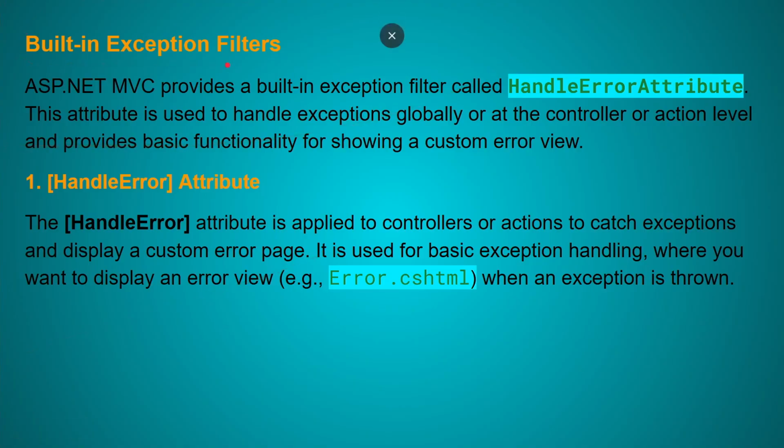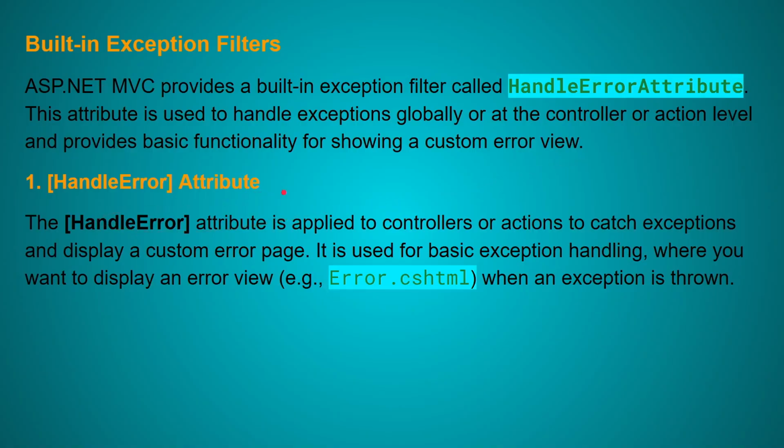Built-in exception filters. ASP.NET provides a built-in exception filter called HandleError attribute. This attribute is used to handle exceptions globally or at the controller or action level and provides basic functionality for showing a custom error view.